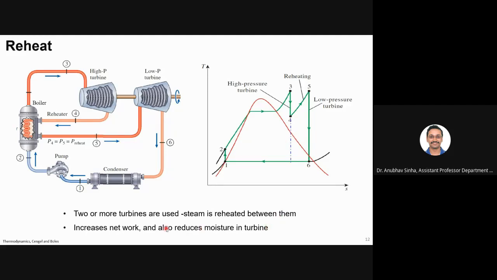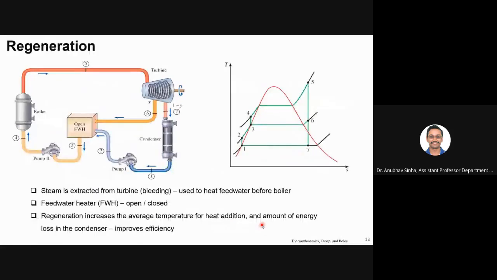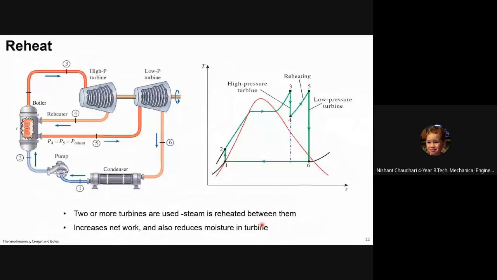It is also used to reduce moisture in the turbine. We don't want moisture, we want this to be as close to superheated, as far from saturated as possible. Another point we'll talk about: here the work done is increasing, but can we say that the work done that is increased is more than the heat supplied in the second process?